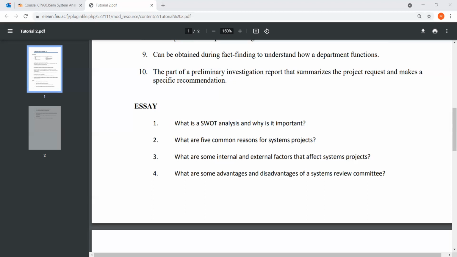Moving on to the external factors. So write down external factors. You have the first one as technology. Second one is suppliers.